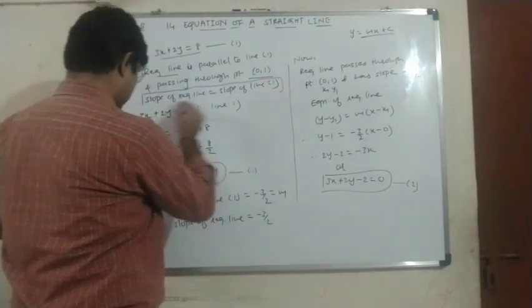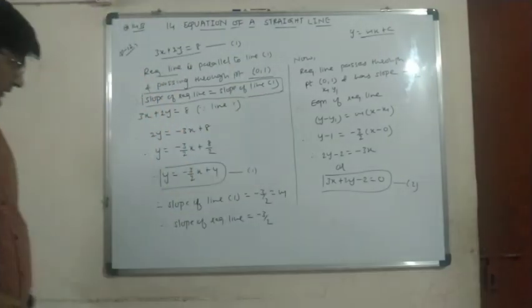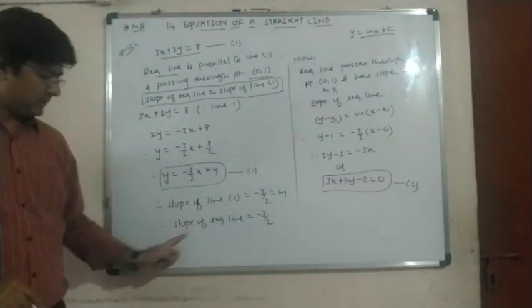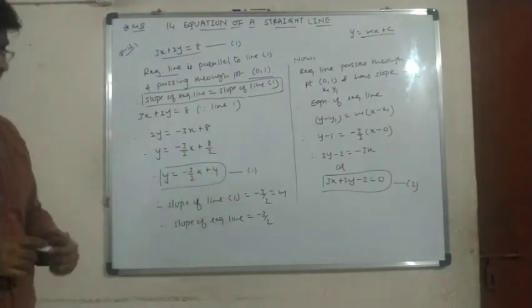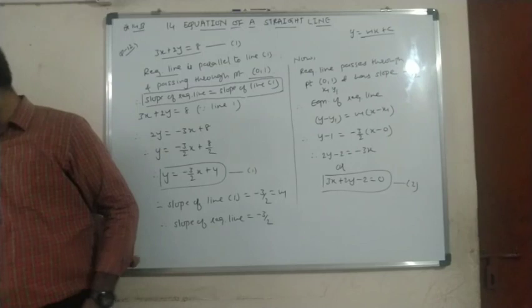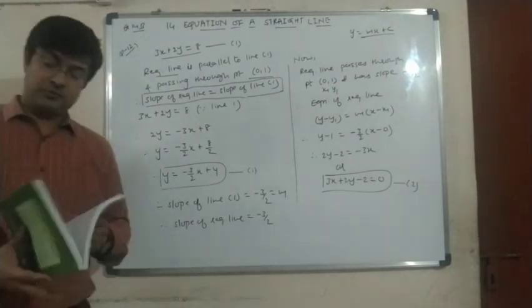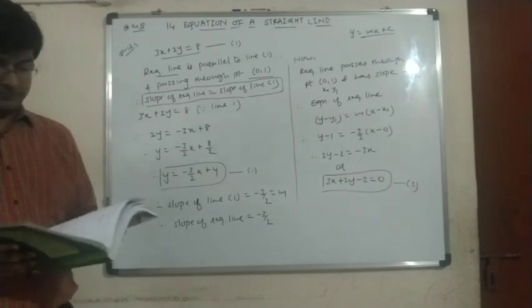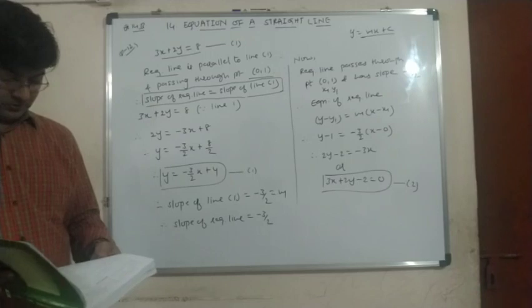If two lines are parallel, then their slopes will be equal. Clear? So here we have taken the slope of the required line to be equal to -3/2, and this is the answer line. Clear? So I hope you understood this question. These questions are simple, provided that you have understood the concepts.